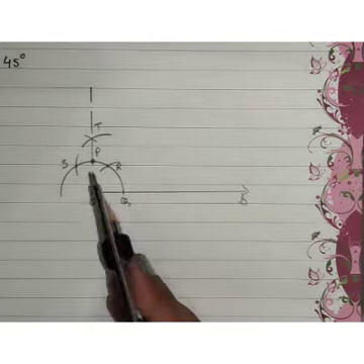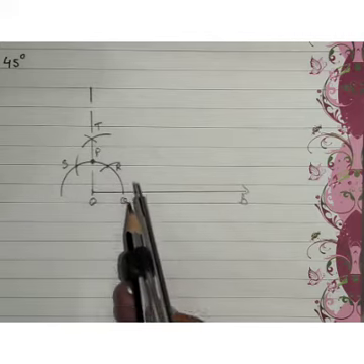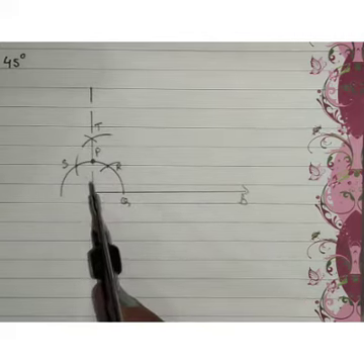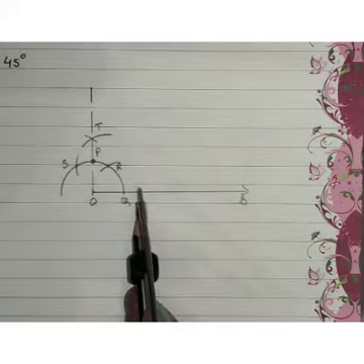Here we draw an angle of 90 degrees using a compass. POQ is the angle of 90 degrees.